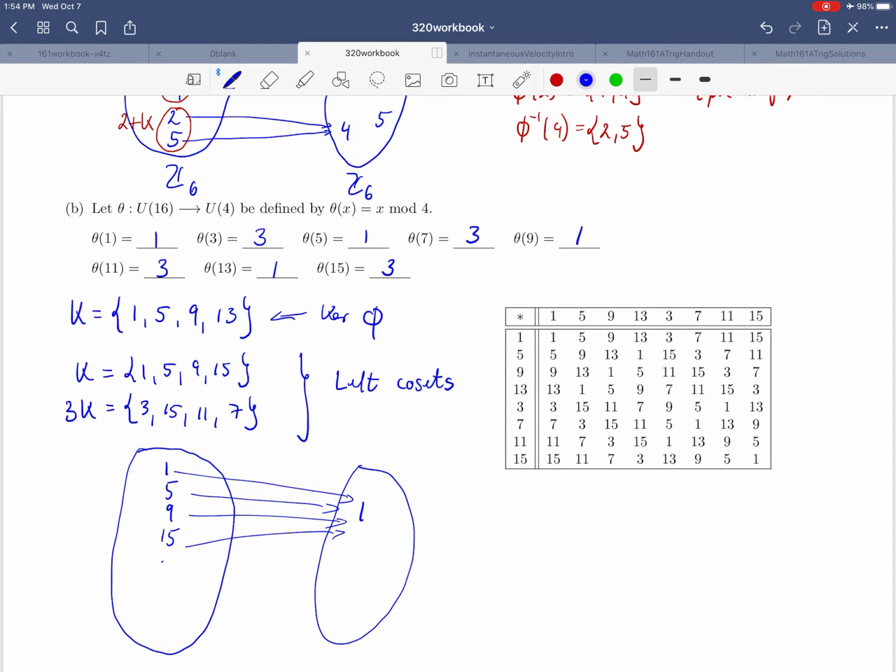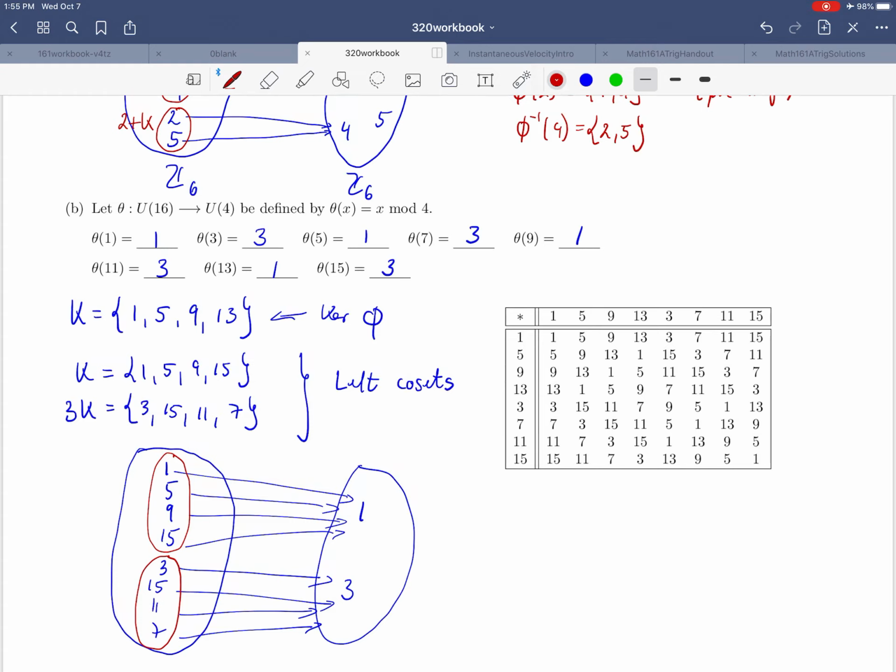And then the other elements, 3, 15, 11, and 7, in whichever order I write them, they all map to 3. So my two cosets are the inverse images of 1 and 3.